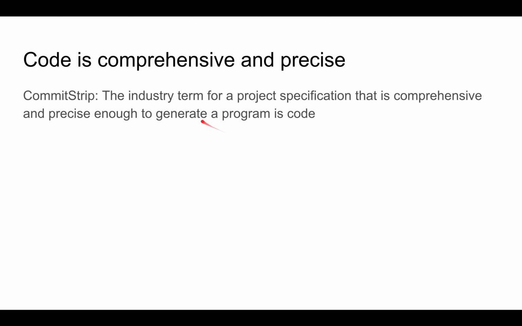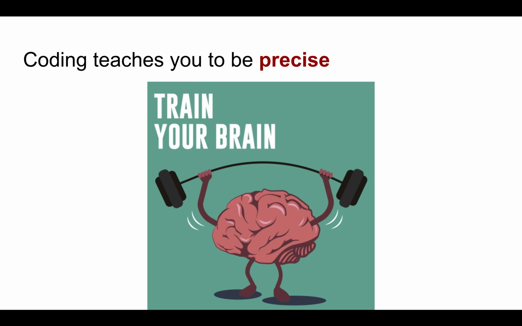The point is that code is the thing that is comprehensive and precise enough to generate a program. So if you want to perform a particular data analysis precisely, you have to write code for it in some way. Coding teaches you to be precise, and it develops and trains your brain.